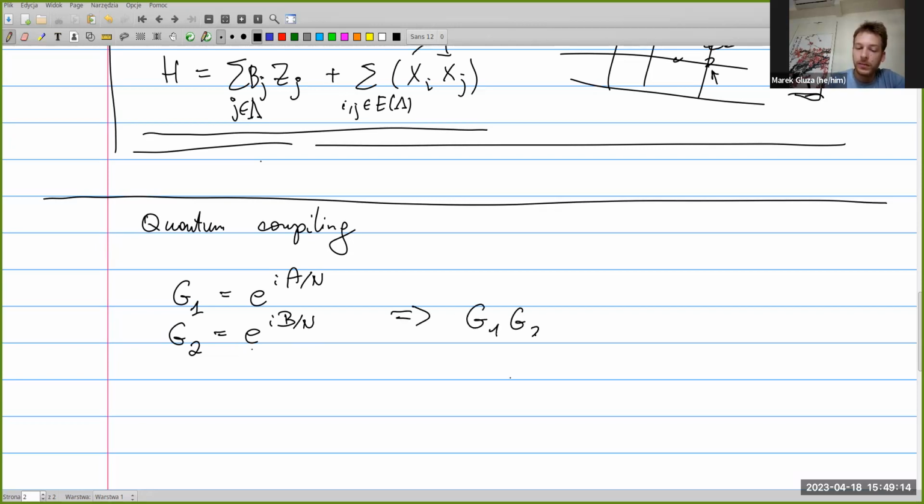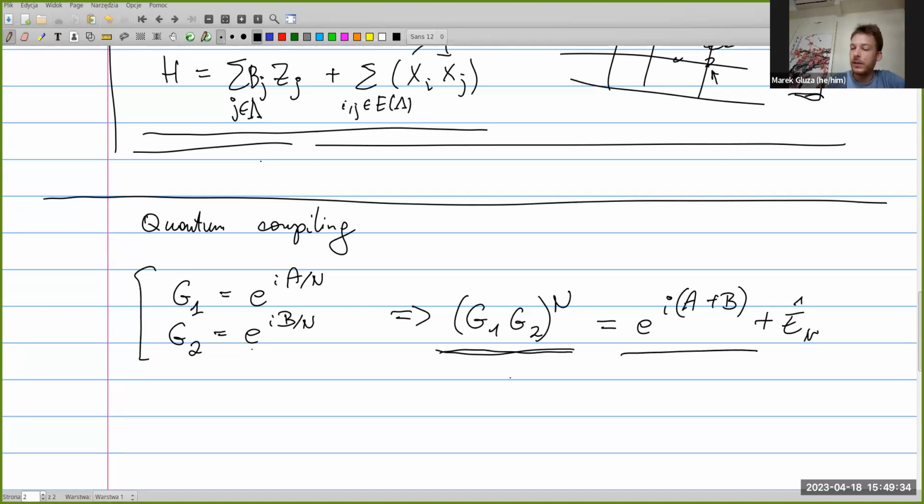Those are two quantum gates, which means those are just quantum operations. And if I interlace this, I will get e^{i(A+B)} plus our error operator, okay? Which means that if I have those operations, I can put them together to get a more complicated operation.